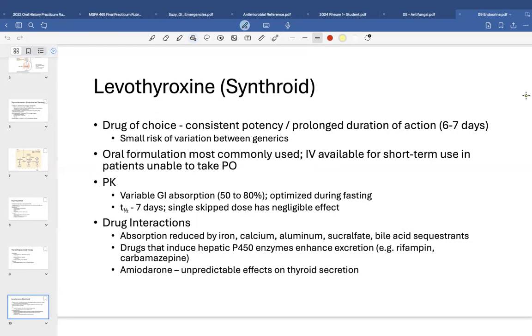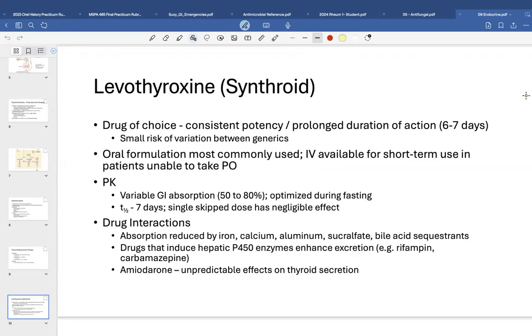When you deal with Synthroid or its generics, one of the takeaways is that to the extent possible, as providers, you want to ensure that your patients are consistently using the same product.